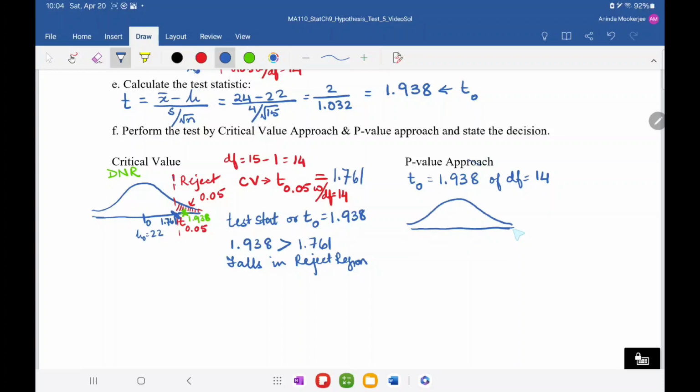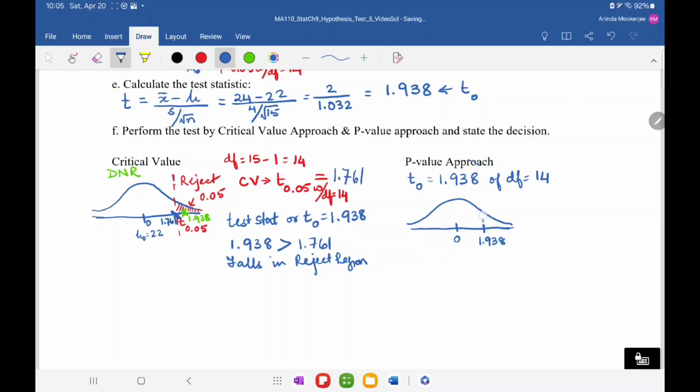This time for the p-value approach, we do not have to show reject regions and do not reject regions. All we do is, with 0 being at the center, show where 1.938 is, somewhere to the right of the center point. That's our test statistic value.